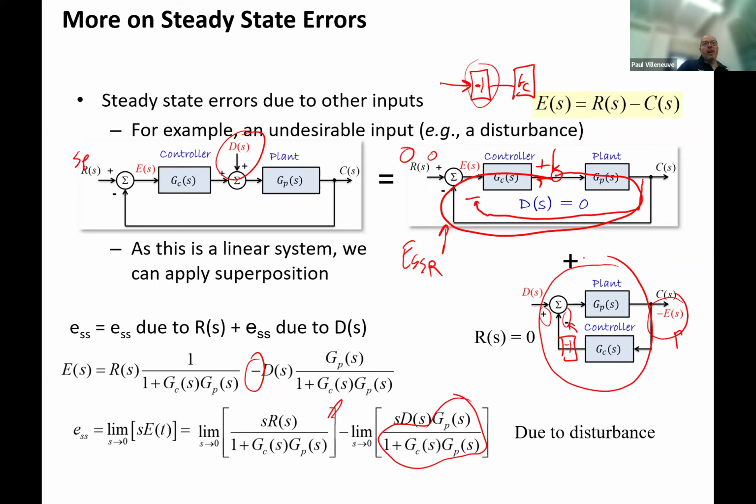That's how we do the block diagram. But because this is negative E of S, we have to subtract it over here. It's not positive, it's negative, right? Because E of S, if you remember, is equal to the reference minus the feedback. And with a disturbance, this is 0 minus the feedback. So that's why it's the negative number. We get the negative from the feedback part.